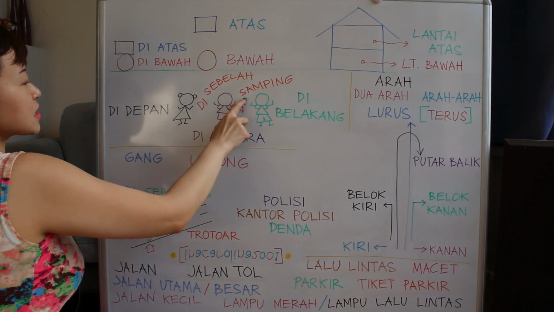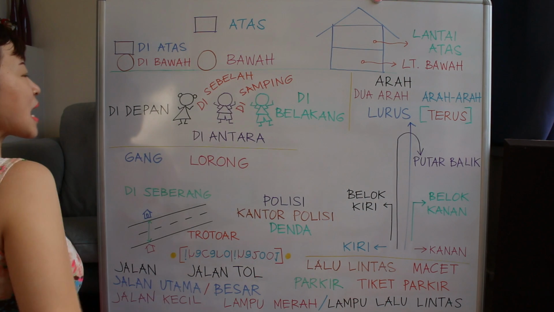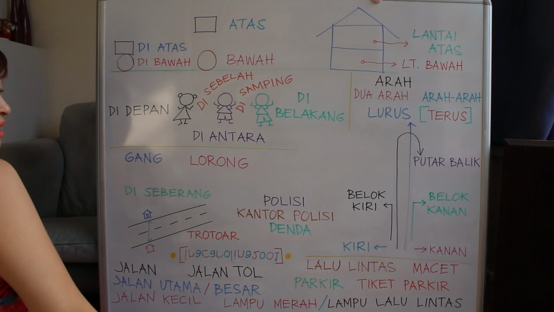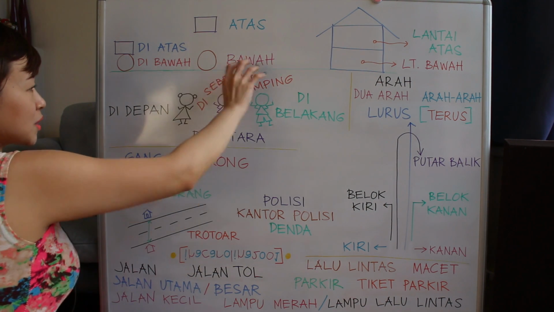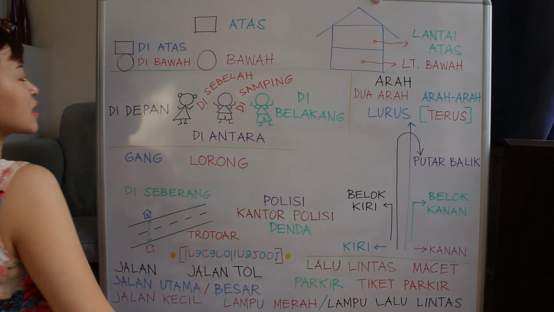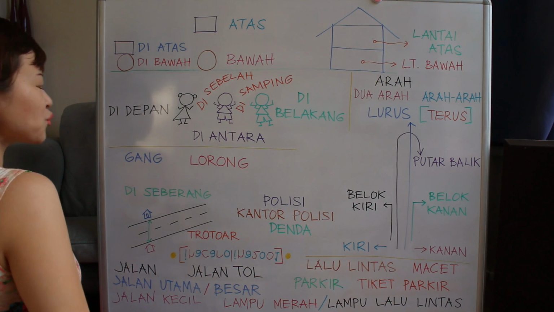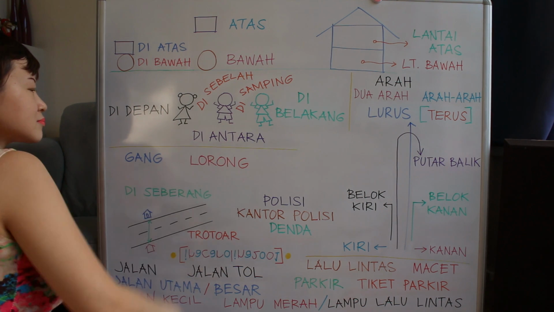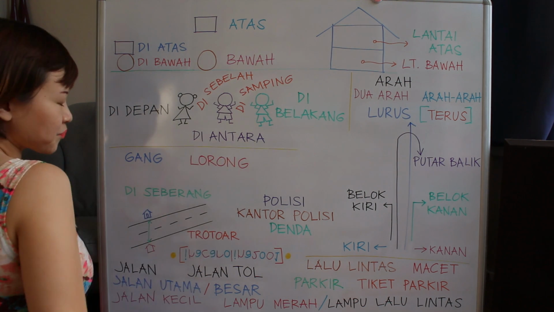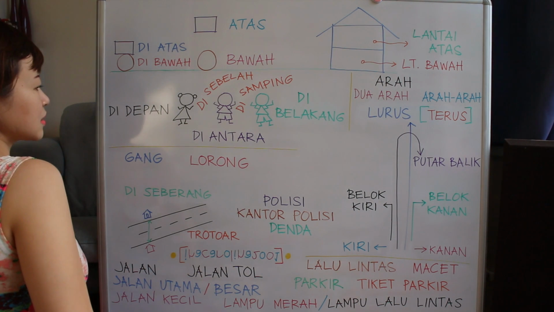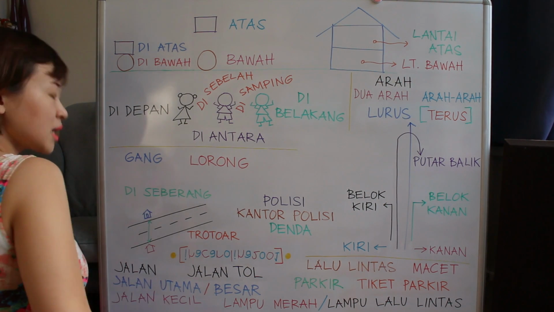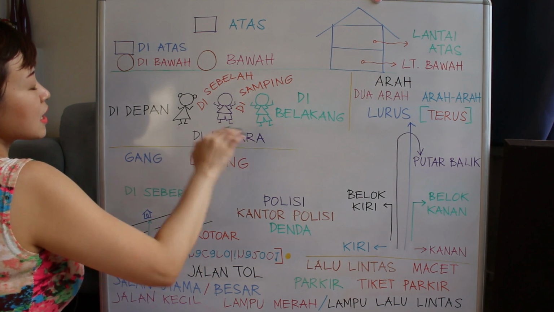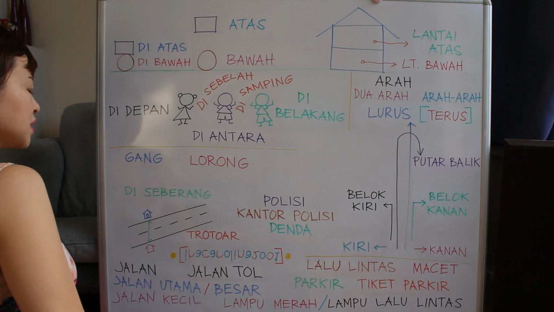Don't forget the space. Di sebelah or di samping. Beside or next to. In between, di antara. Antara is between. So in this case, this di means in. Don't forget the space. Di antara, in between.